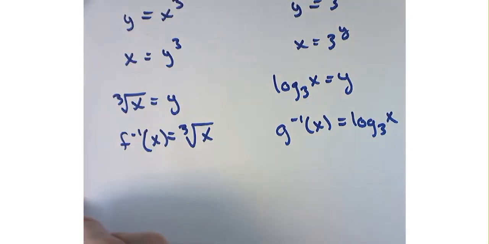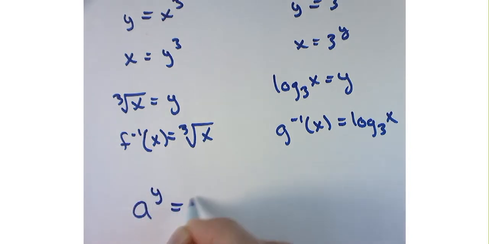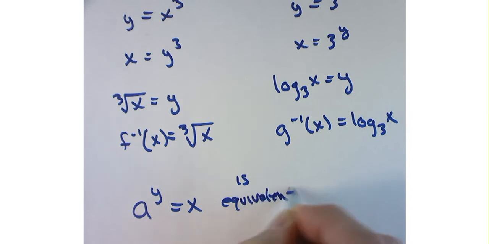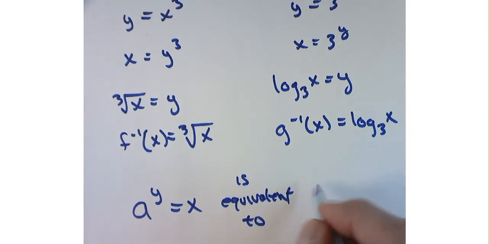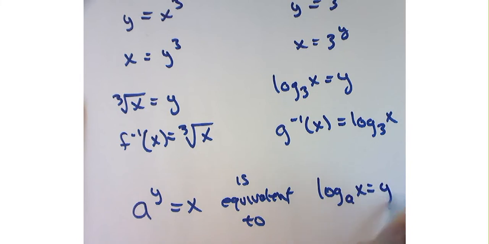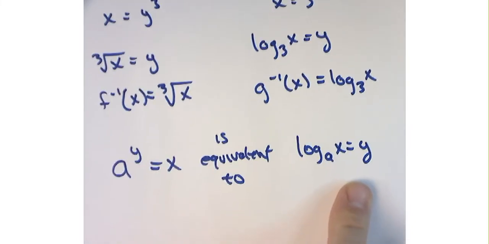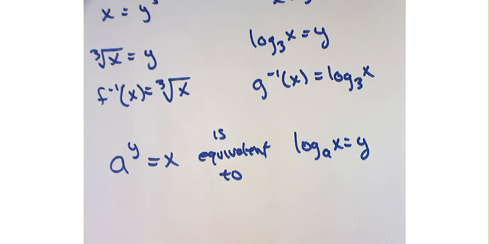So I would write this down on the top of your test when you get it next time. So if you have a to the y equals x, that is equivalent to log base a of x equals y. These two things are interchangeable. And what that's saying, when you take the log base a of x, you're asking, well, what power of this base, what power of a gives me x?